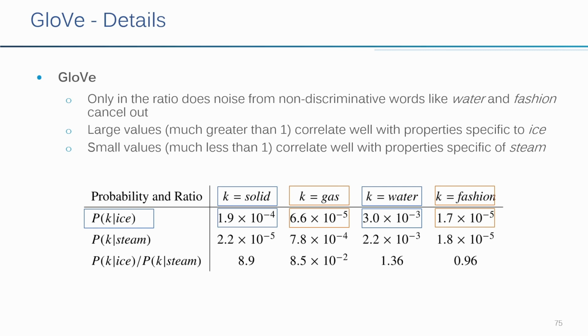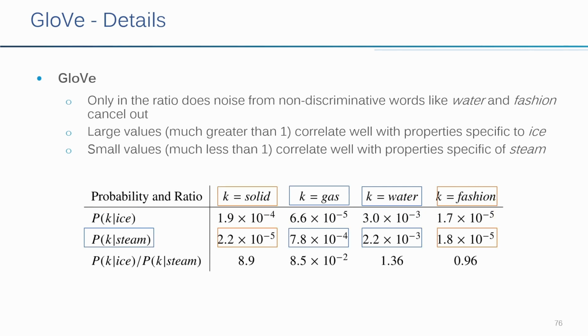That's somehow interesting. Now, if we consider another context word, in this case steam, we see that if k is related to steam, such as gas, we'll have a higher value than for words that are either completely unrelated, such as fashion, or that you can think of as the opposite of that word, such as solid. These first two rows of probabilities are somehow informative, but not that much.